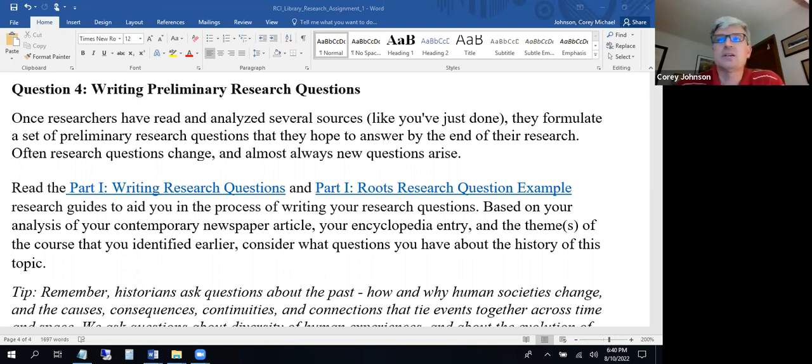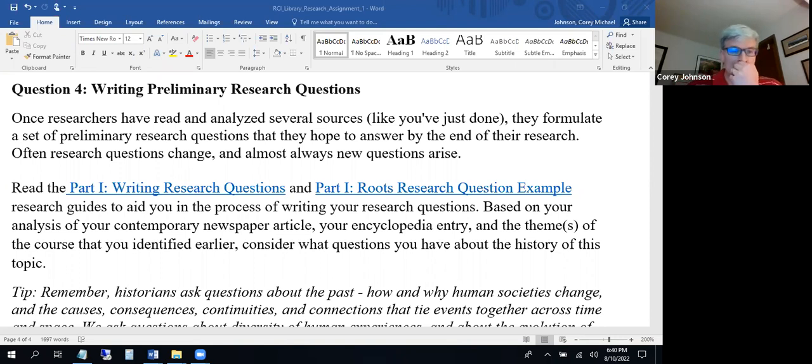In some RCI sections, you may have also collected and read a small set of reference encyclopedia entries. So you have some beginning knowledge about what you're doing, and you want to use this knowledge to help you write a couple of research questions. These are rough draft questions at this point, but they will guide you along your way.